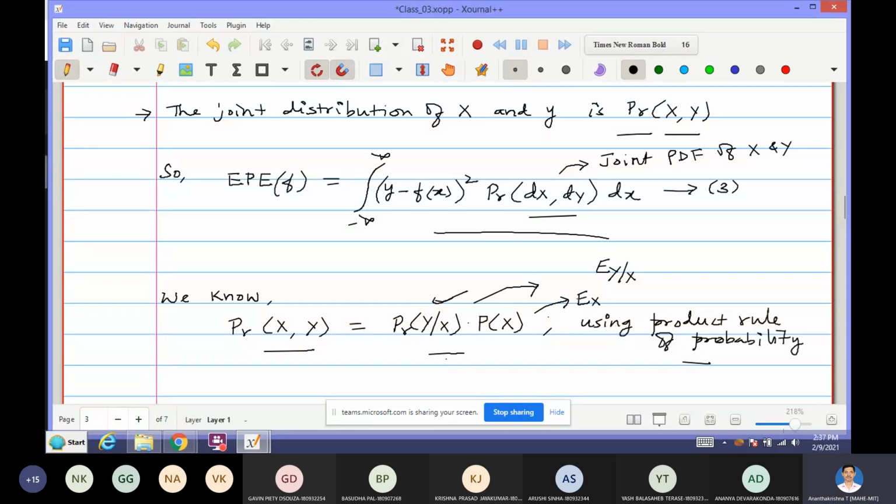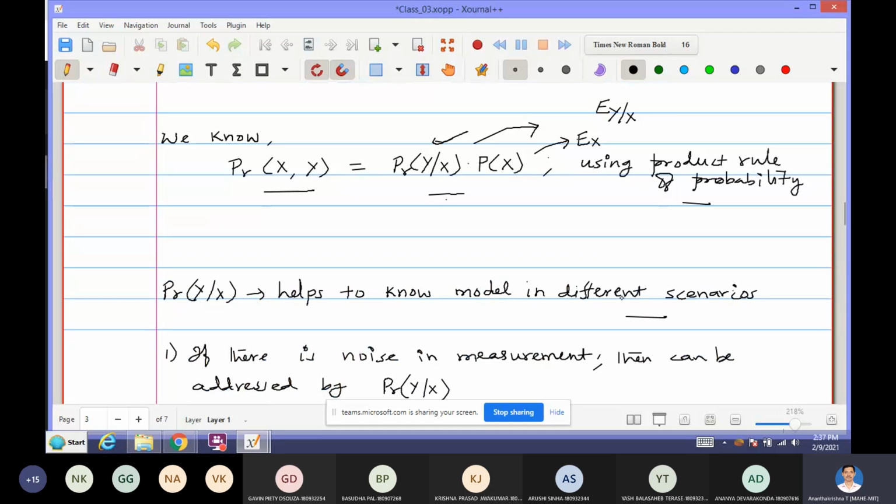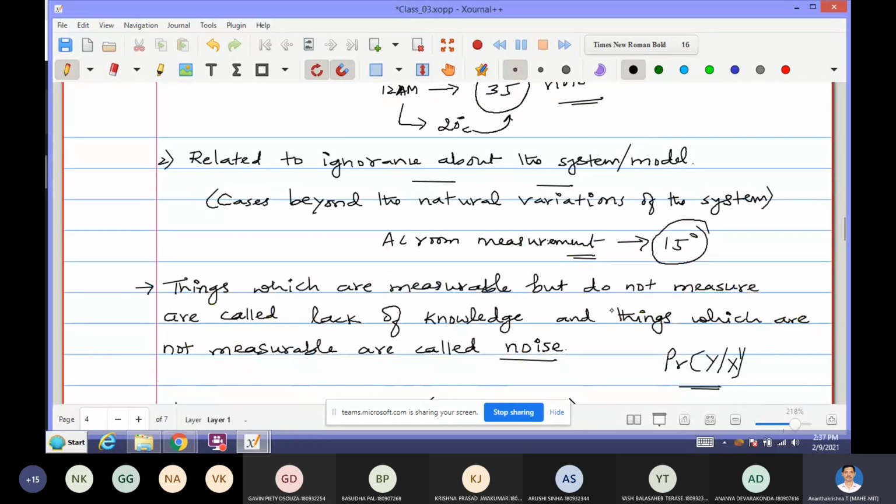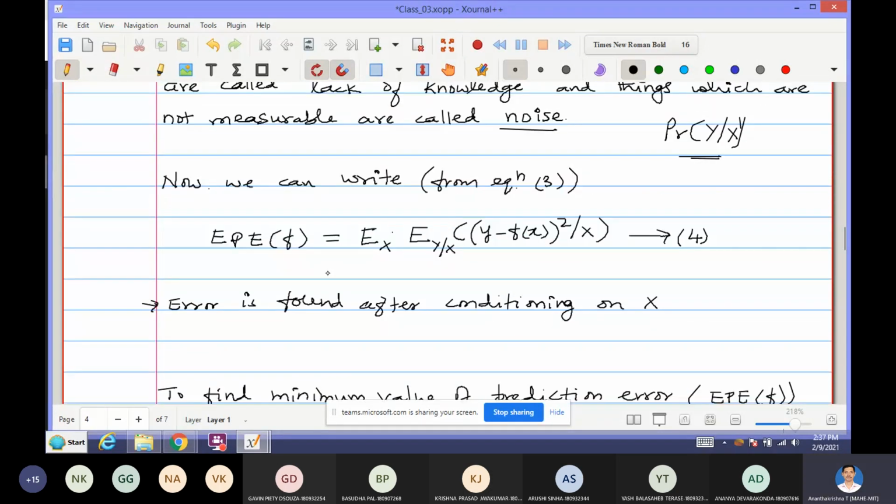So therefore equation 3, whatever we have seen, can be rewritten like this. That is the expected prediction error of a function f. So it is E_x, that is expectation of x, into conditional expectation of y given x, of course, of (y minus f of x) the whole square given x.